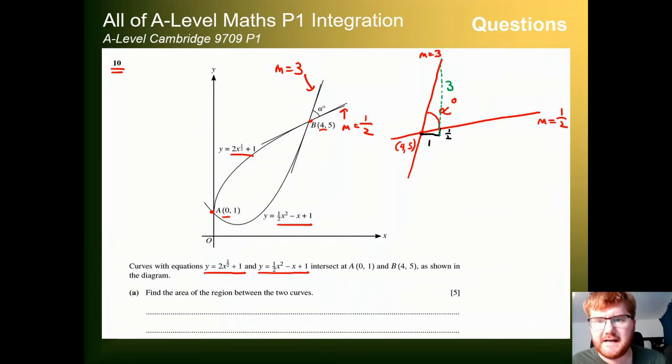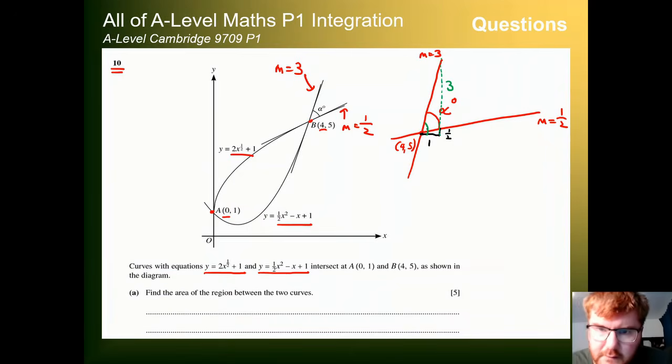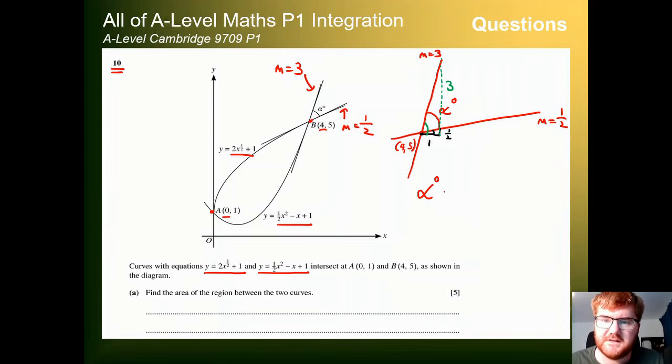Notice we've got two different angles here. We've got this green angle that represents the whole thing, and then we've got this black angle that represents here. And notice, in order to work out this angle, this red angle alpha degrees, we simply need to do the green angle minus the black angle.